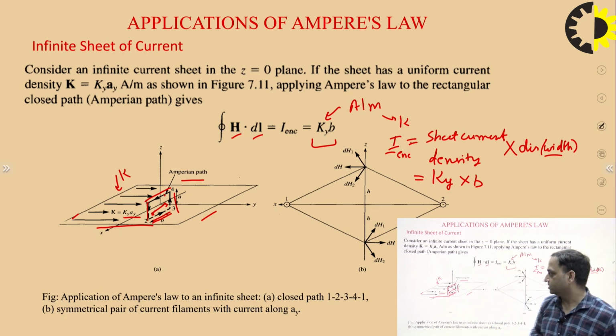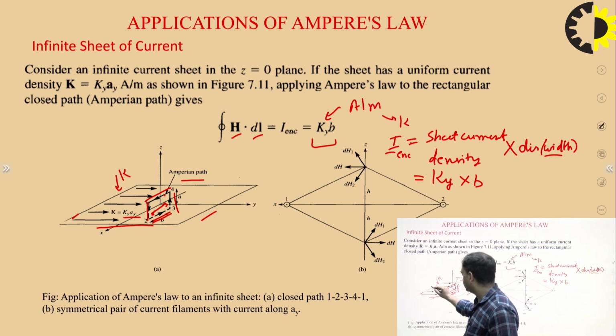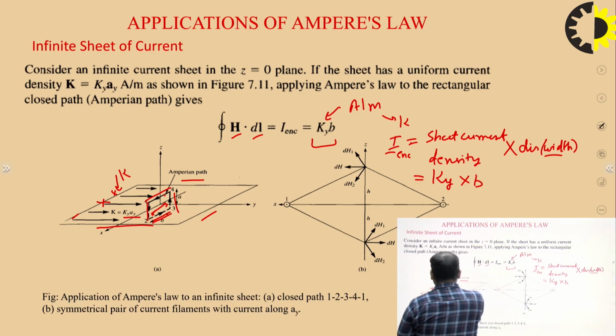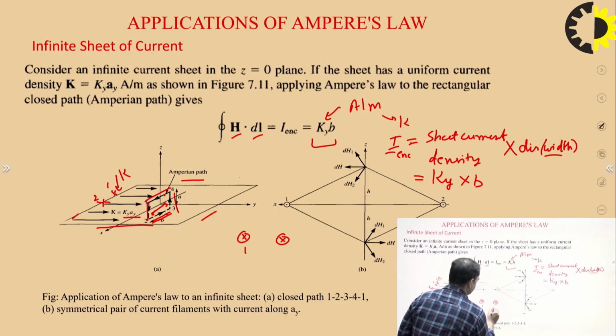Now our question is how to find the value of H. For that we will take two elements, or two points, from this sheet. When you look from this side, we will see, you can take this as 1 and this as 2, and here again I am taking element 1 and this is element number 2.